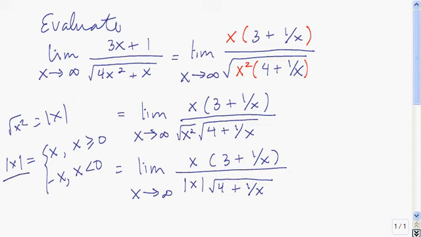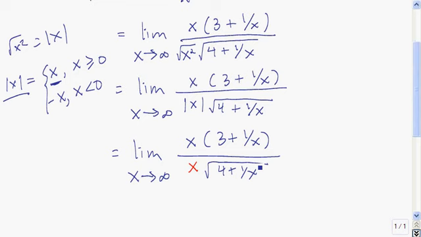Therefore, the absolute value of x is equal to x for those inputs. So we get the limit as x goes to infinity of x times the quantity 3 plus 1 over x divided by, instead of absolute value of x, we have x times the square root of 4 plus 1 over x. And now we get to do some simplifying.